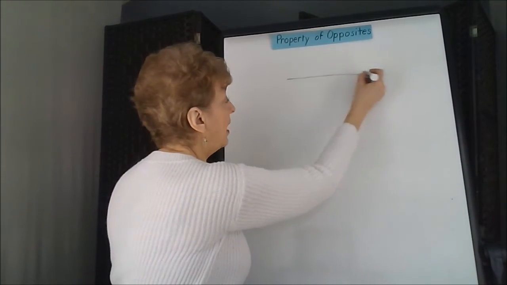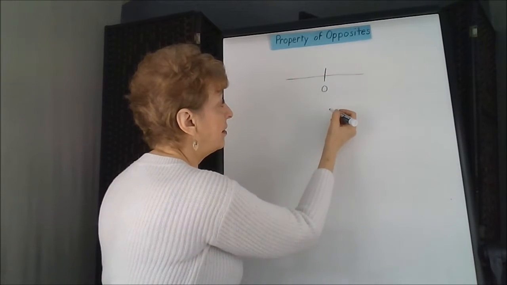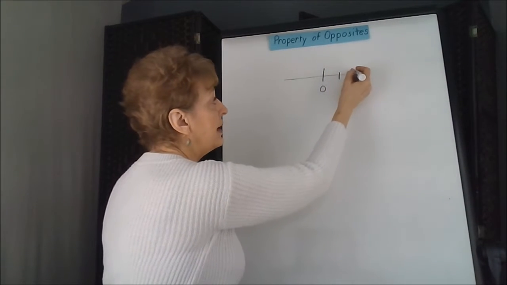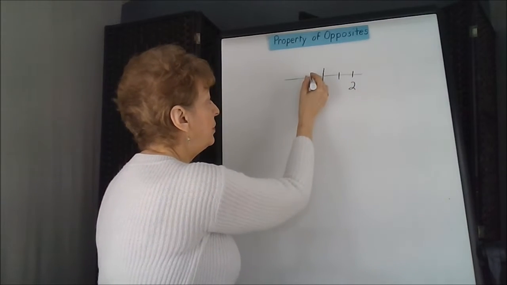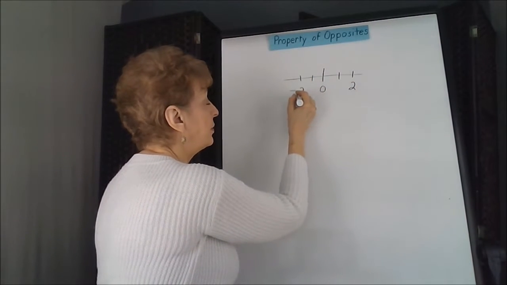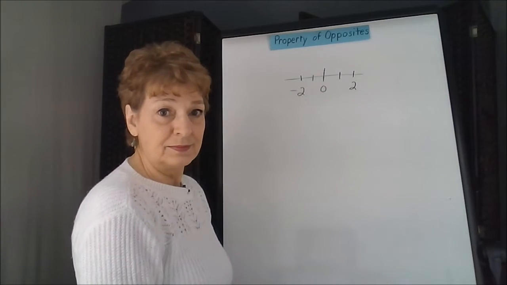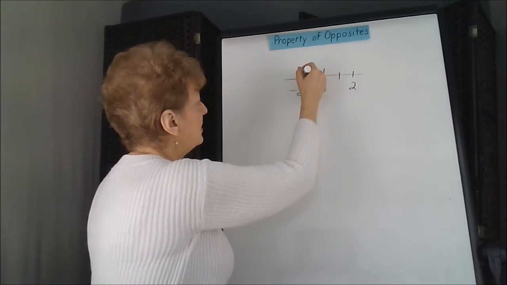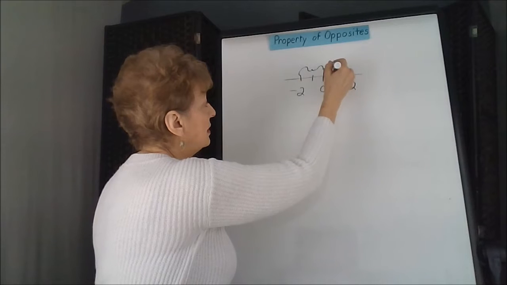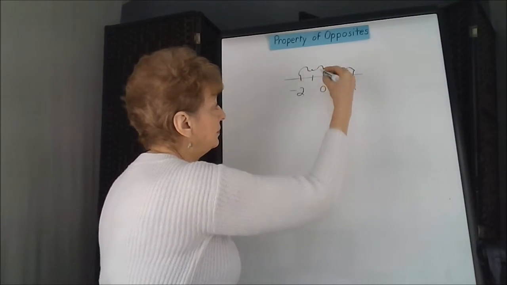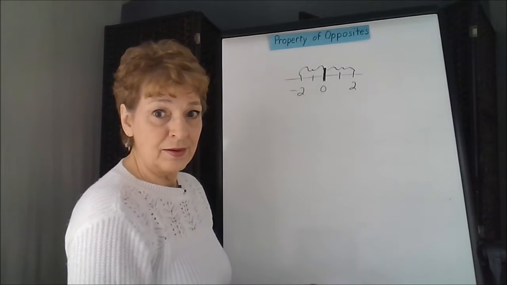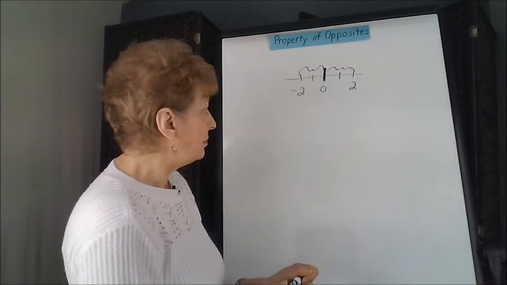So on a number line, if we have our 0 here, perhaps we have 2. The opposite of 2 would be a -2. So it's always the distance from the number to 0 that makes it our number's opposite.